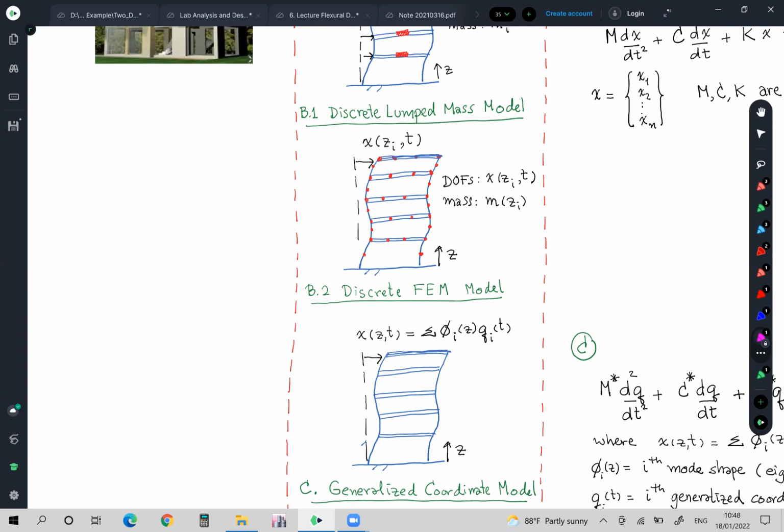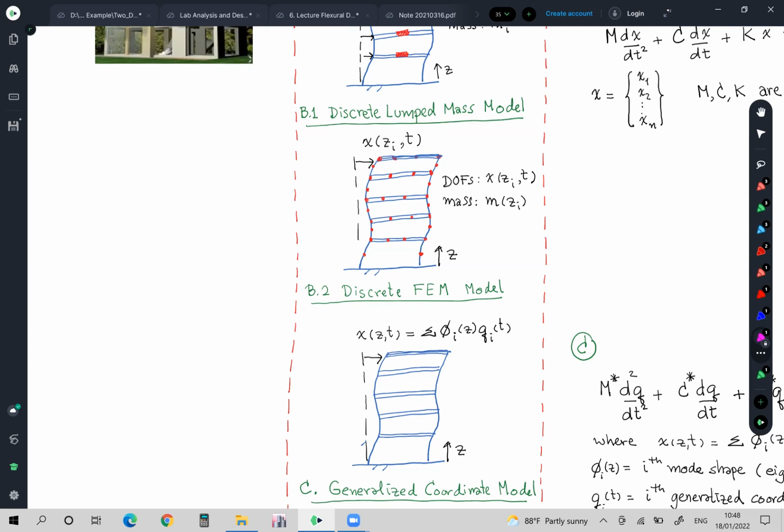It depends on how small or how large the elements you adopt are. If you use very small elements connected together to build one building, you need to connect a lot of small elements, and that will bring you a very large number of degrees of freedom.